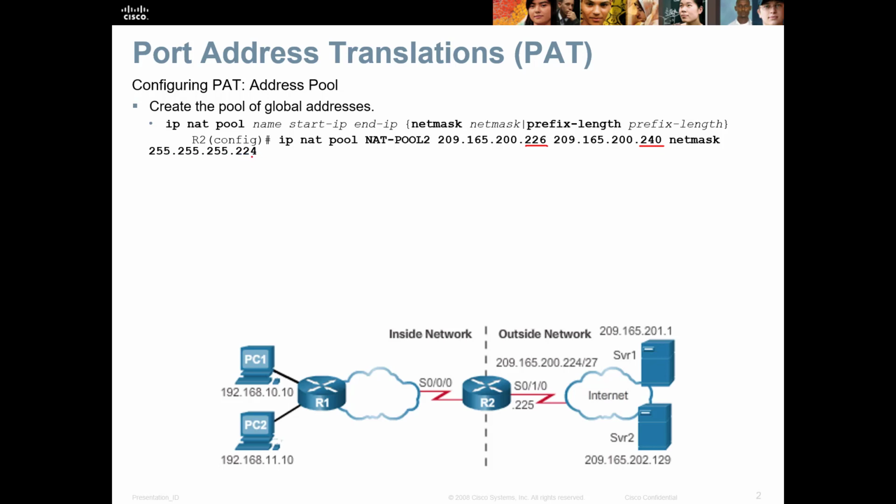Now notice this 224, that's a very tight mask, so it's really showing a pretty small number of available addresses, and indeed it is 226 to 240. So we saw those before. We just created netpool 2 is all, exactly like dynamic addressing, exactly.